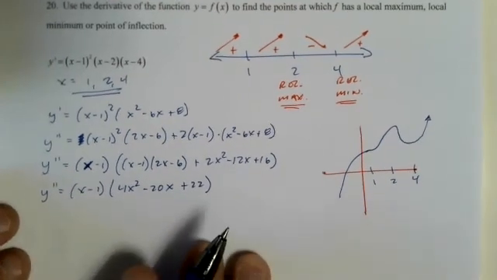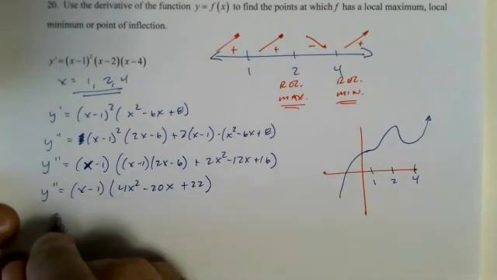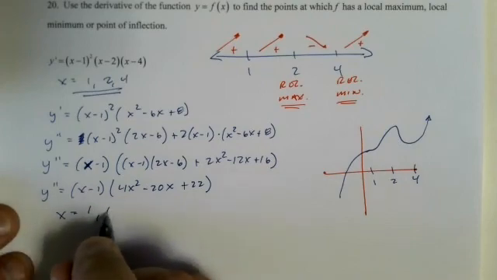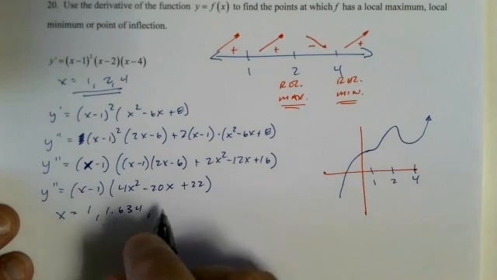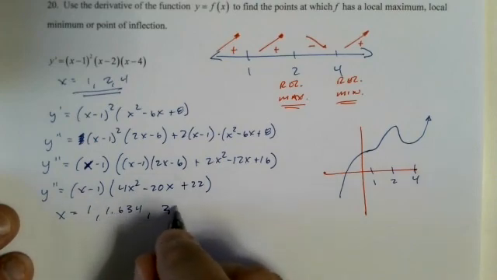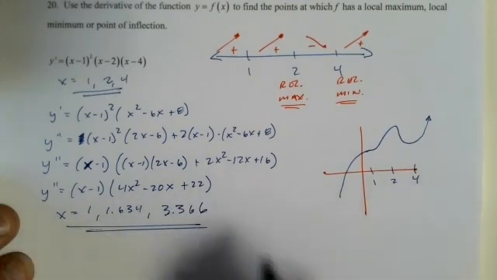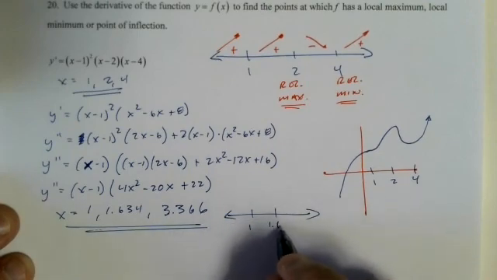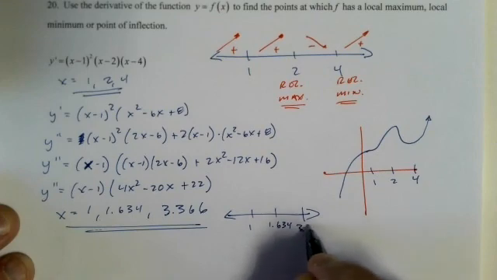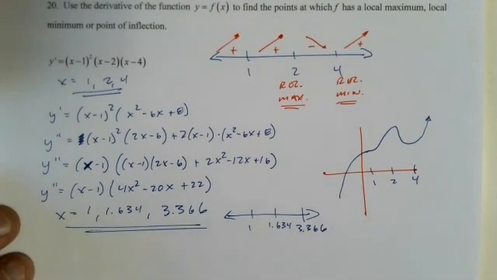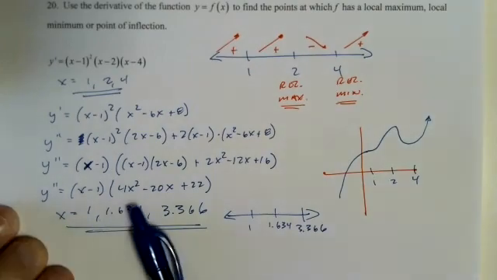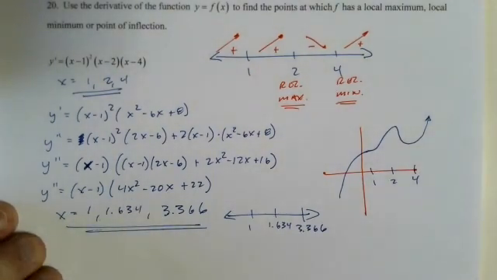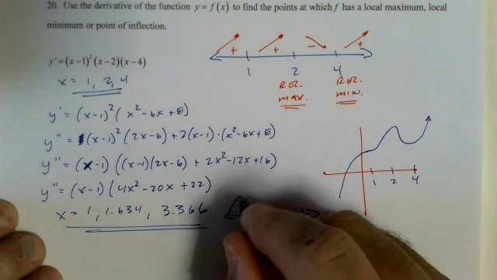Using the calculator or quadratic or whatever, I find that I have zeros at 1, 1.634 and 3.366. Number line it one more time. 1.634, 3.366. Cut to the chase because we've been doing this video for a long time.